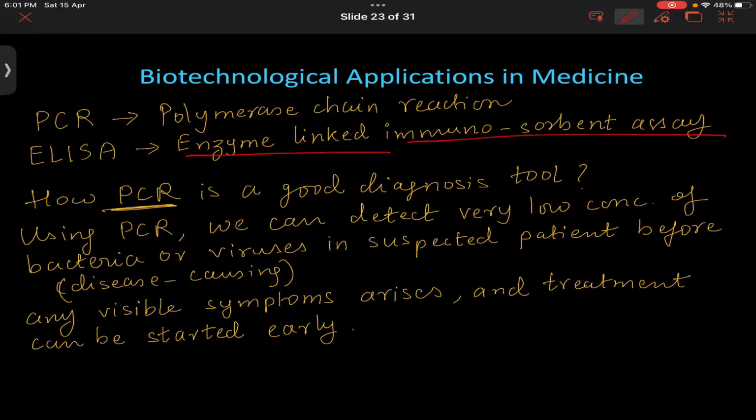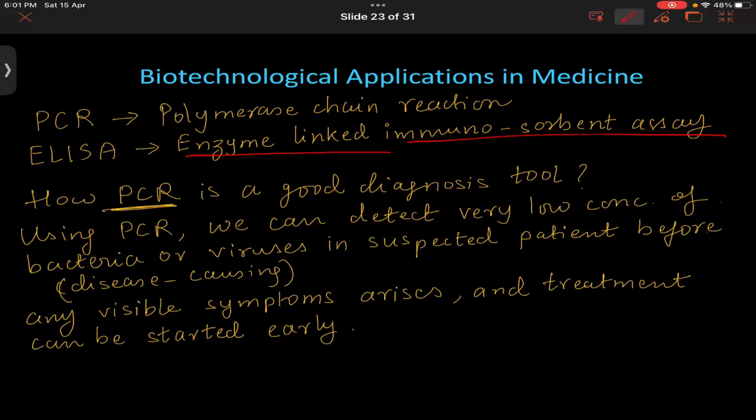And when you run it through agarose gel electrophoresis, you will get a much thicker band, and you'll be able to say with more confidence that this particular disease has happened or not. So that is why PCR is a very, very powerful tool for disease diagnosis.